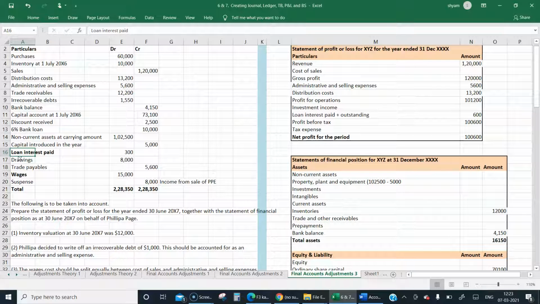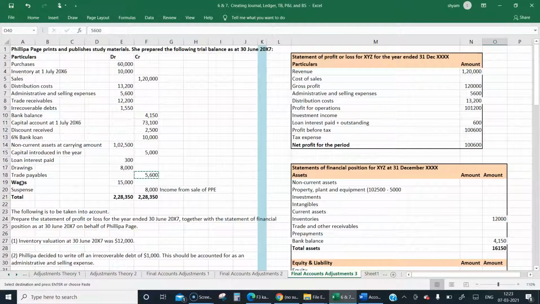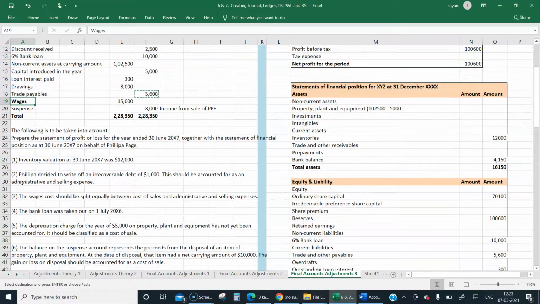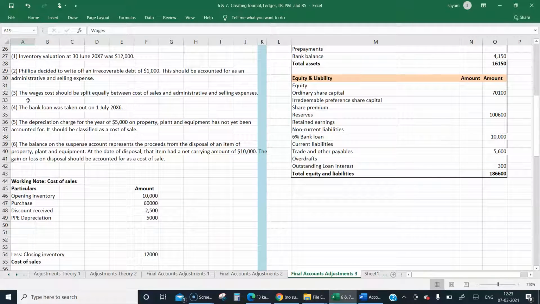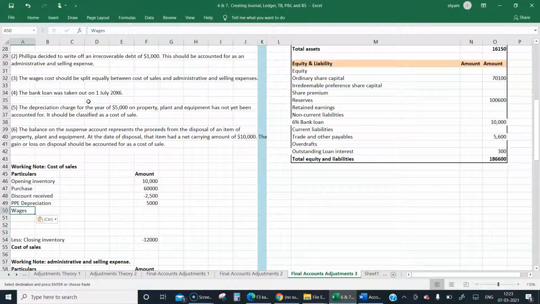Drawings we have already done. Trade payables is 5,600, so that we will take. Trade payables is 5,600, that we have done. Next is wages, which has an adjustment. What is the adjustment? Wages should be split equally between cost of sales and administrative expenses. Wages is 15,000, so 15,000 divided by 2.